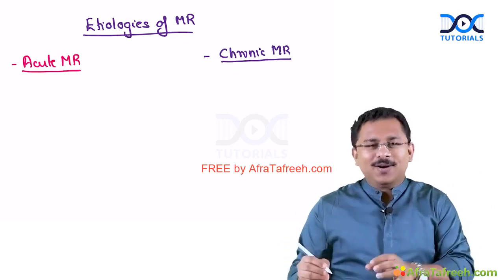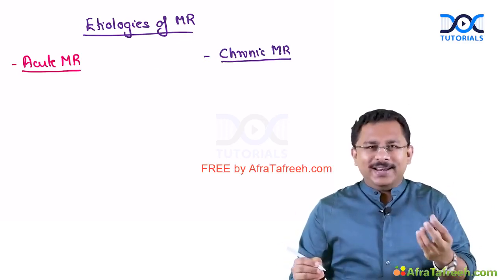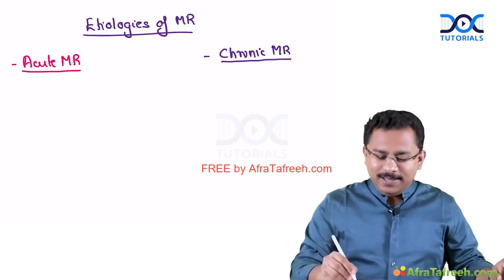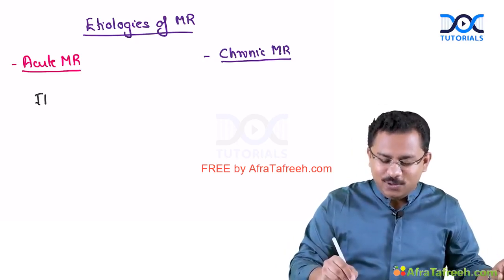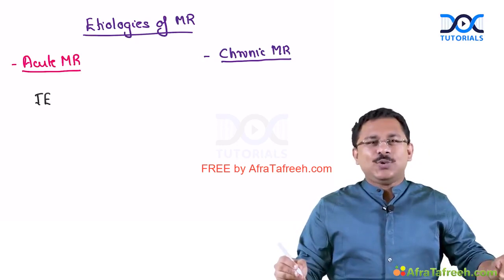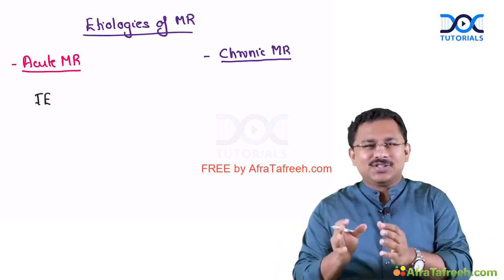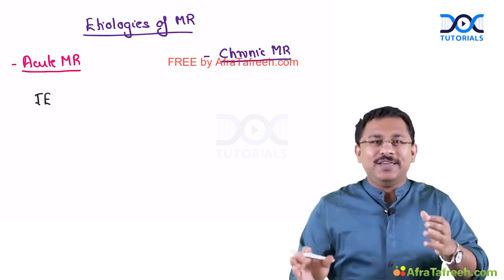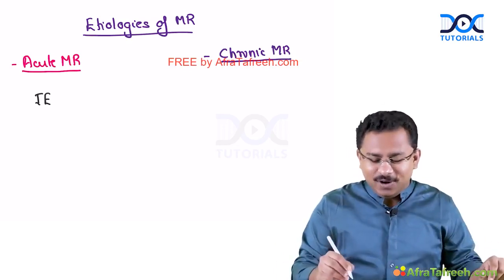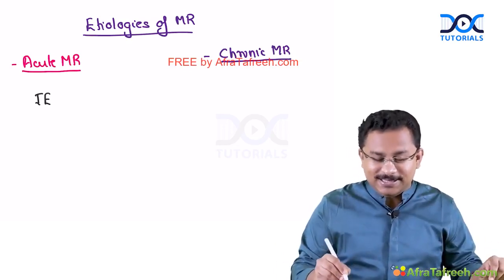Acute MR occurs because of varied etiologies. Number one, infective endocarditis. In infective endocarditis, you can have a destruction or perforation of the valve leaflets leading to acute mitral regurgitation.